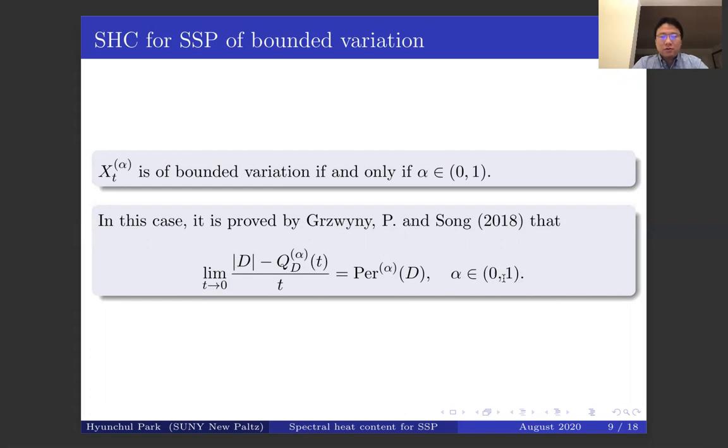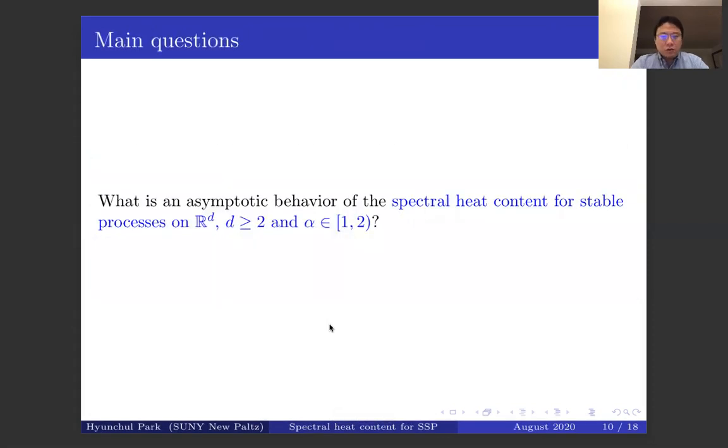So when alpha is between 0 and 1, this is the second term of the spectral heat content for stable processes for arbitrary dimensions. So we know dimension 1, and we know when alpha is between 0 and 1. So the remaining case that we are interested in is high dimension: d is greater than or equal to 2, and alpha is between 1 and 2, including 1.